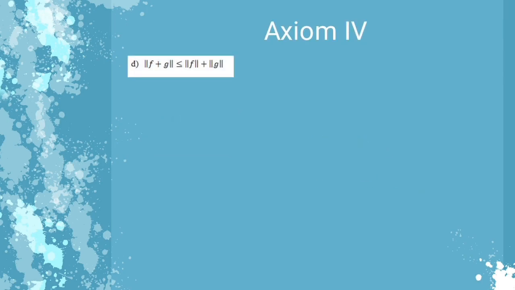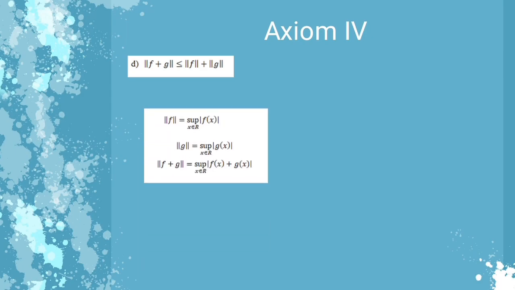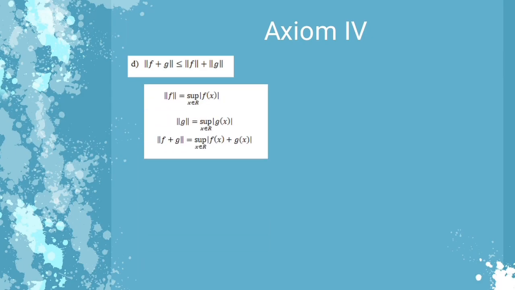And the last axiom is the triangular inequality. We define the norms of f, g, and f plus g like that. According to the triangular inequality, the absolute value of a plus b is less than or equal to the absolute value of a plus the absolute value of b.